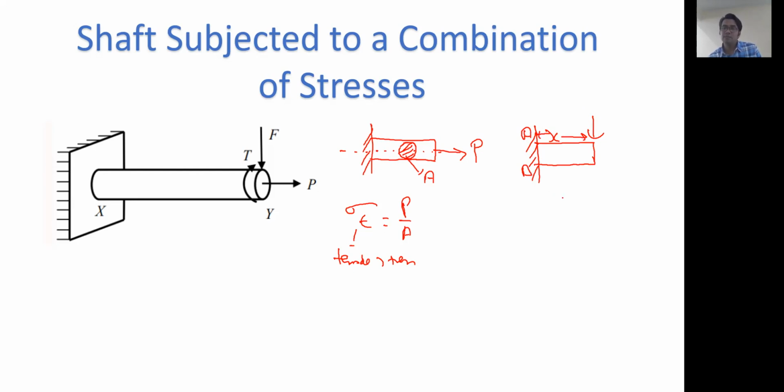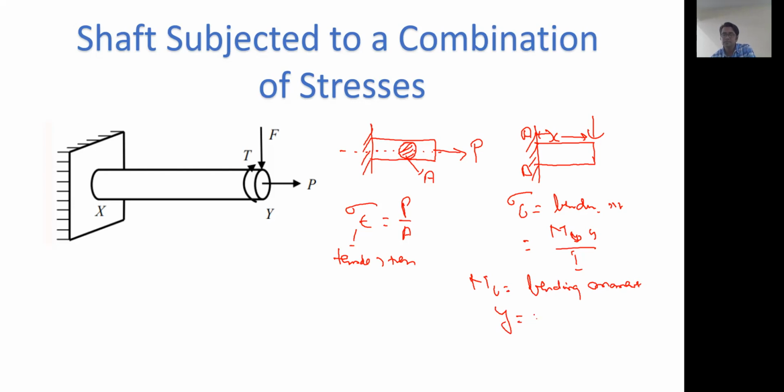You will say, sir, it's very simple. It will be sigma B, the bending stress, which is MB y by I. MB is the bending moment, and y is the distance from the neutral axis to the outermost fiber.